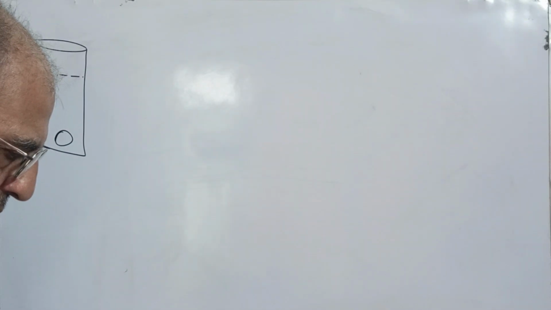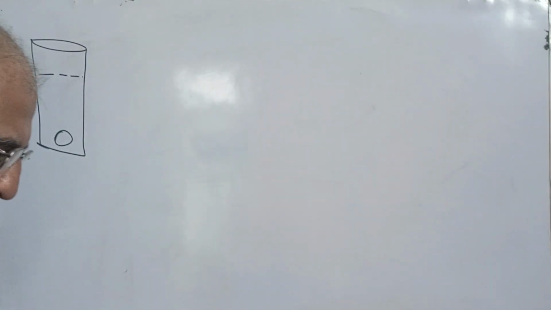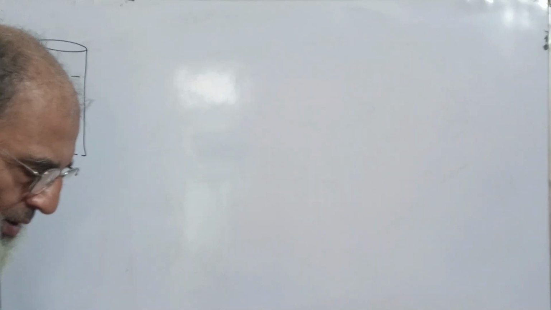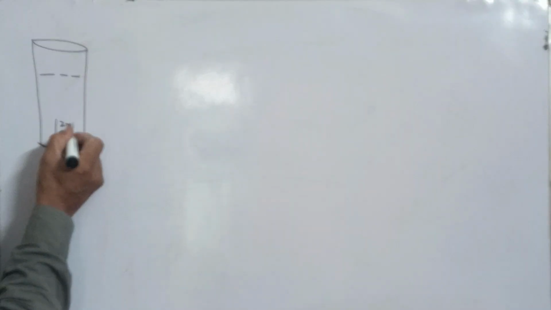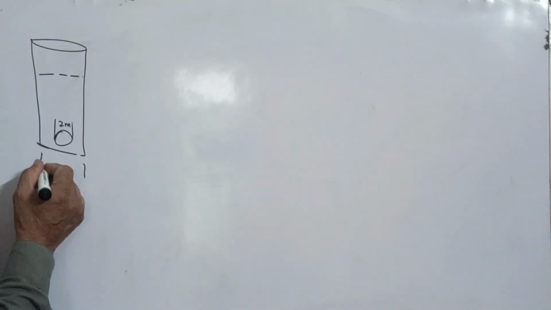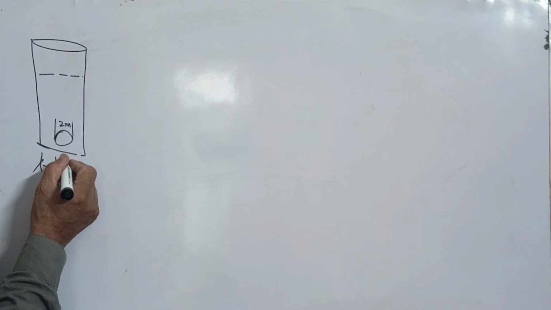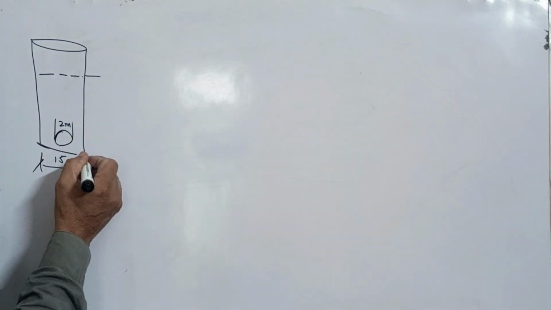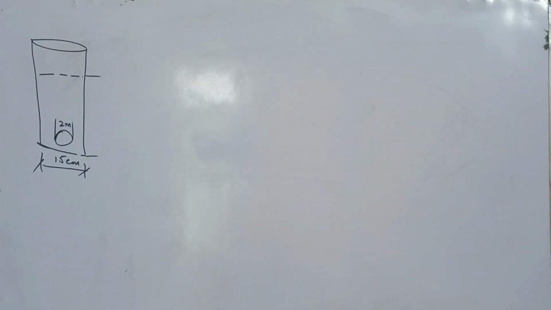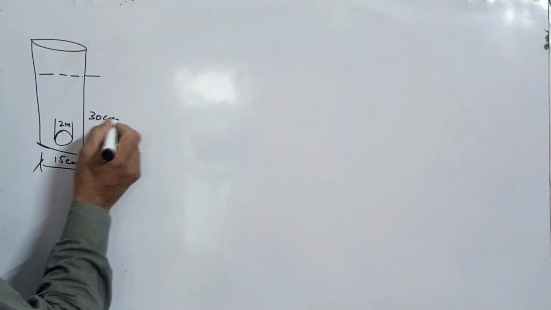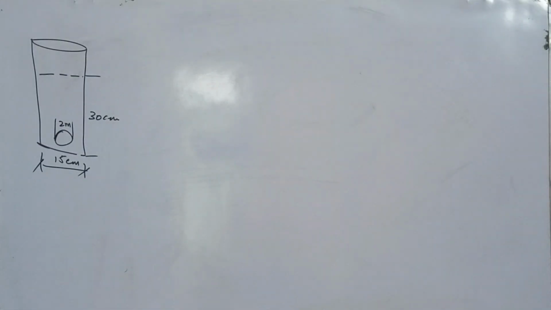So find the volume of the water in the cylinder when the diameter of the ball is 2 centimeters and the diameter of the cylinder is 15 centimeters, and the height of the column is 30 centimeters. So this is the question of physics.